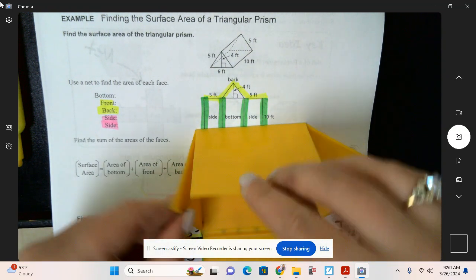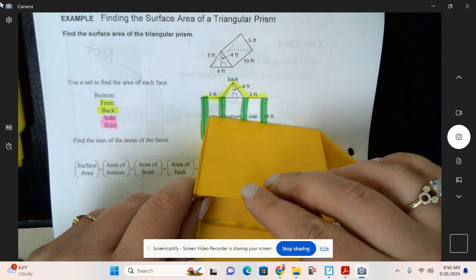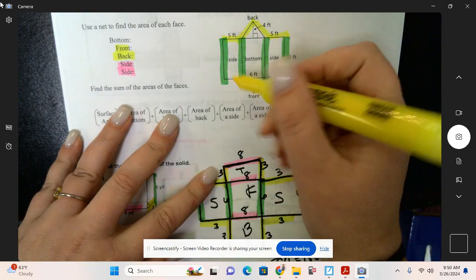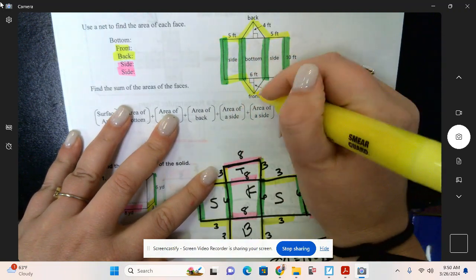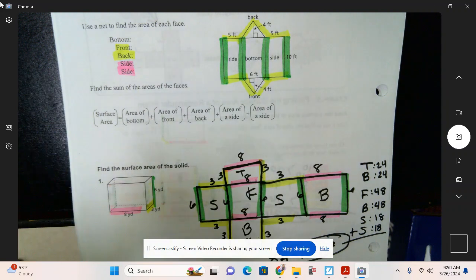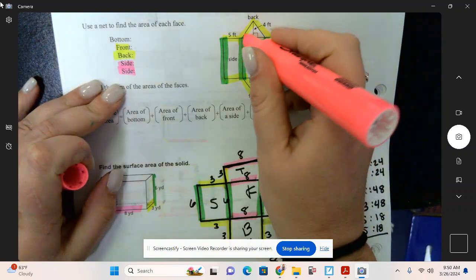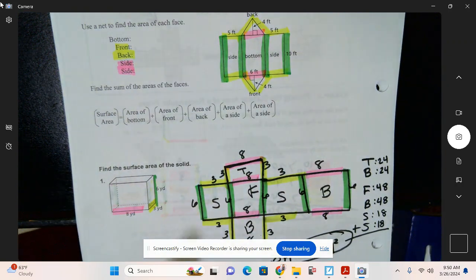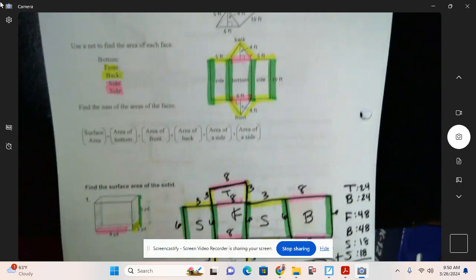If they touch, they're going to be the same size. Okay? So my elbow pieces are the same, and my pieces that run side to side are the same.